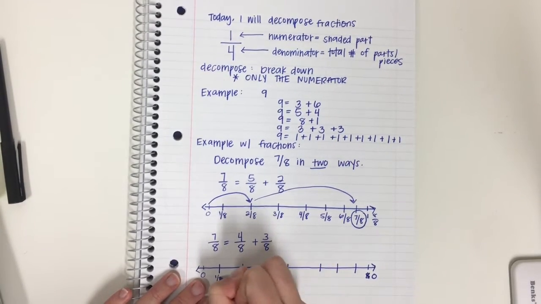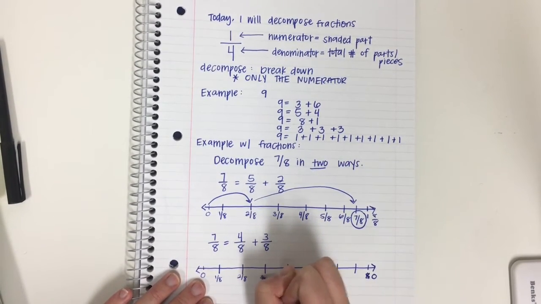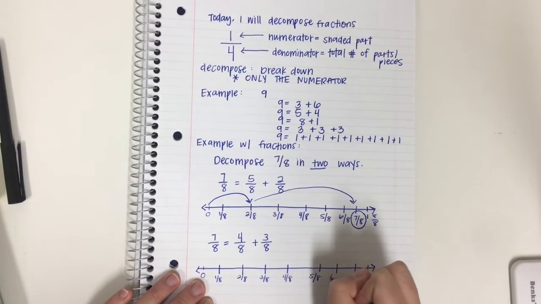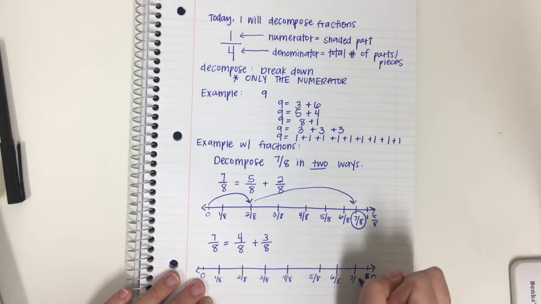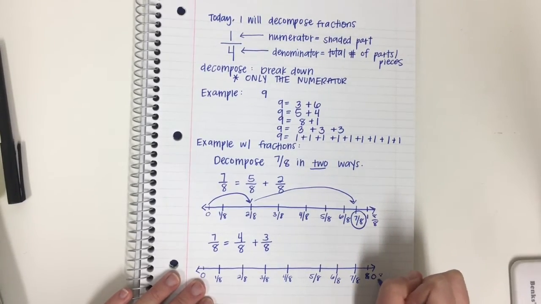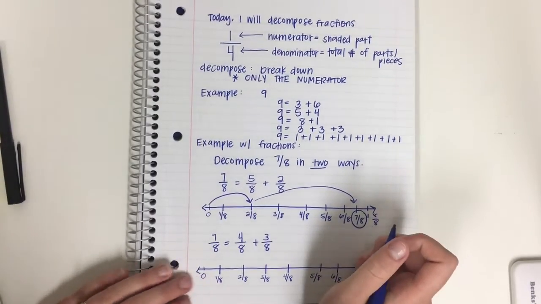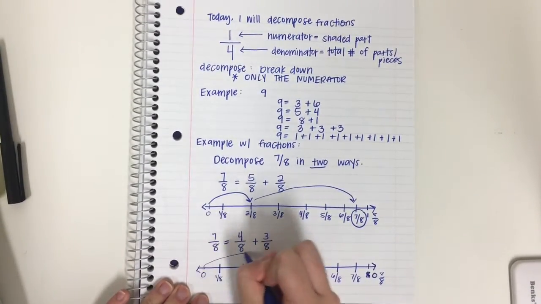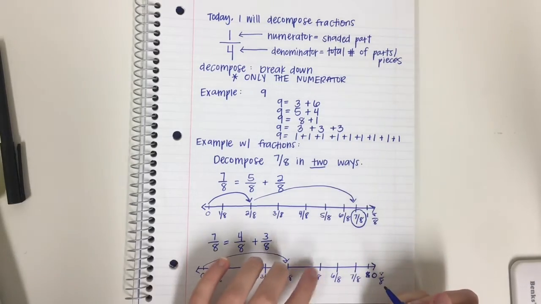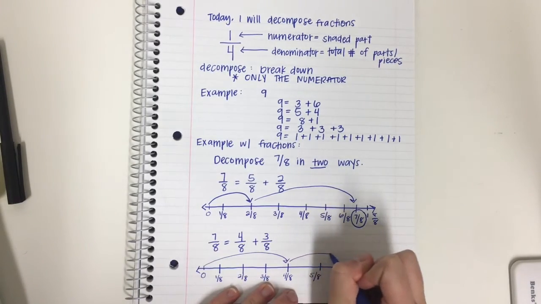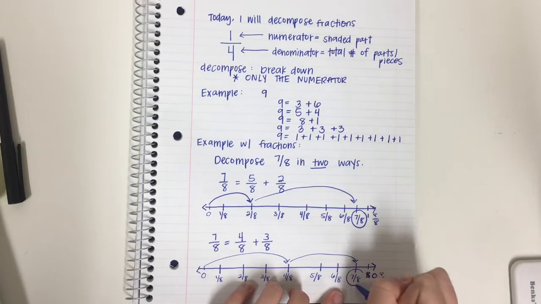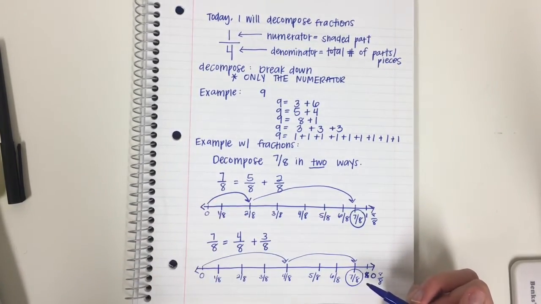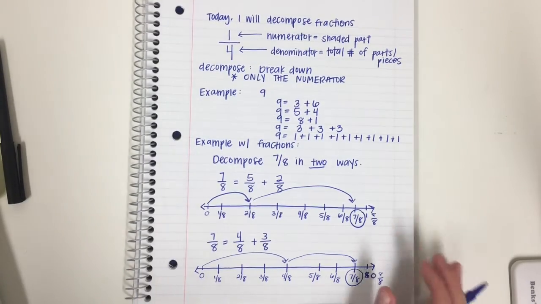So I got 1/8, 2/8, 3, 4, 5, 6, 7, and then my 8/8 is over here. So I want to do 4. So I can do 1, 2, 3, 4 plus 3. 1, 2, 3. And that gives me my 7/8. So see how it's the same. I'm still decomposing into 7/8, but my addition problem's a little different. Okay? All right, let's look at another one.